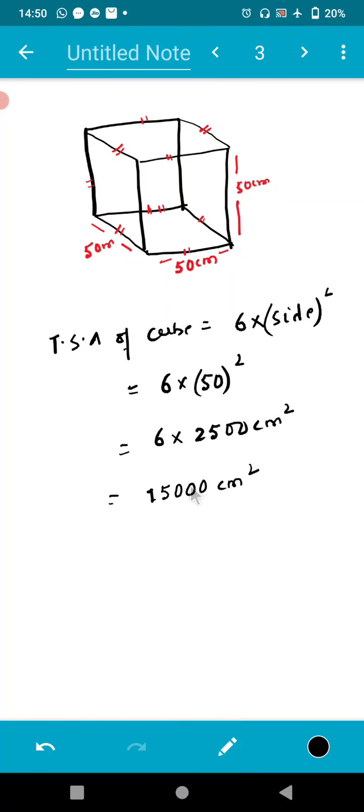Now what you have to answer: in the question they have asked which box requires the lesser amount of material to make.